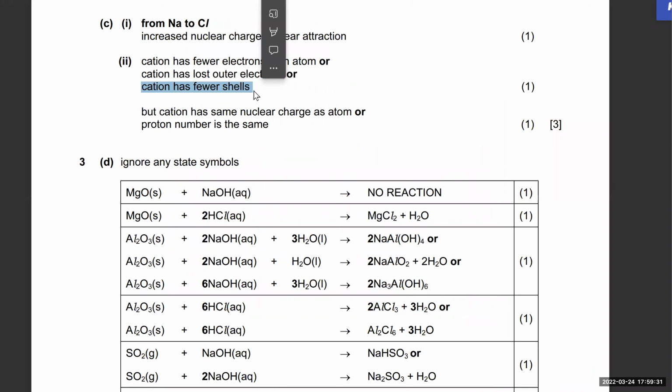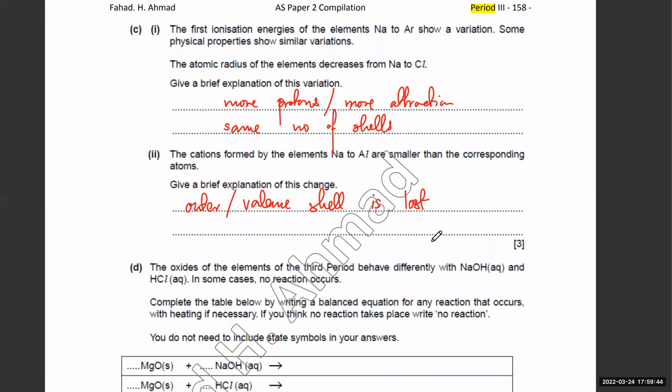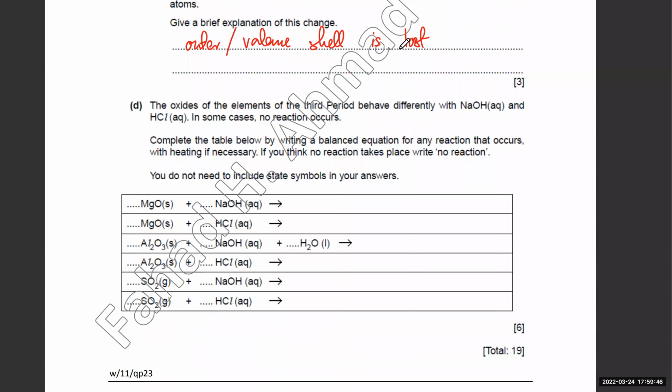A proton number remains the same. Okay, that is one thing that we missed. Okay, it was a 2-mark question. This one was a 2-mark question. So valence shell is lost. The other mark was actually for the number of protons. Protons remain the same.